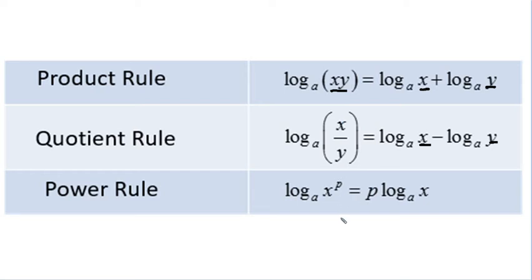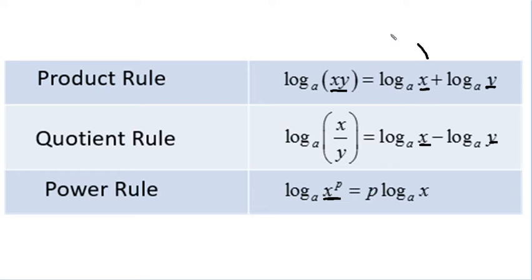Okay? The last one is the power rule, and the power rule simply says that if our argument has an exponent, we can bring that exponent down as a coefficient, as a multiplier. Okay? So the two things that we do are expand and condense. By definition, condense means to make smaller.